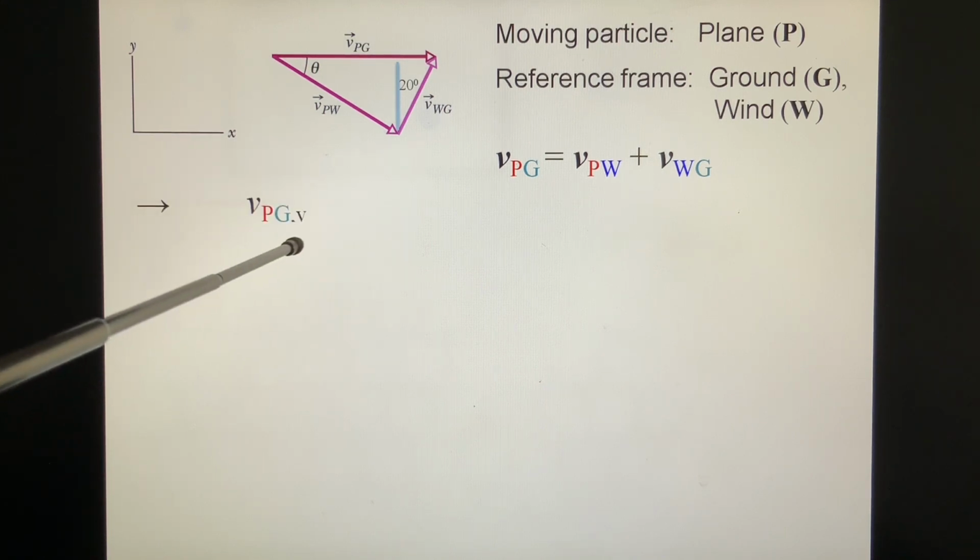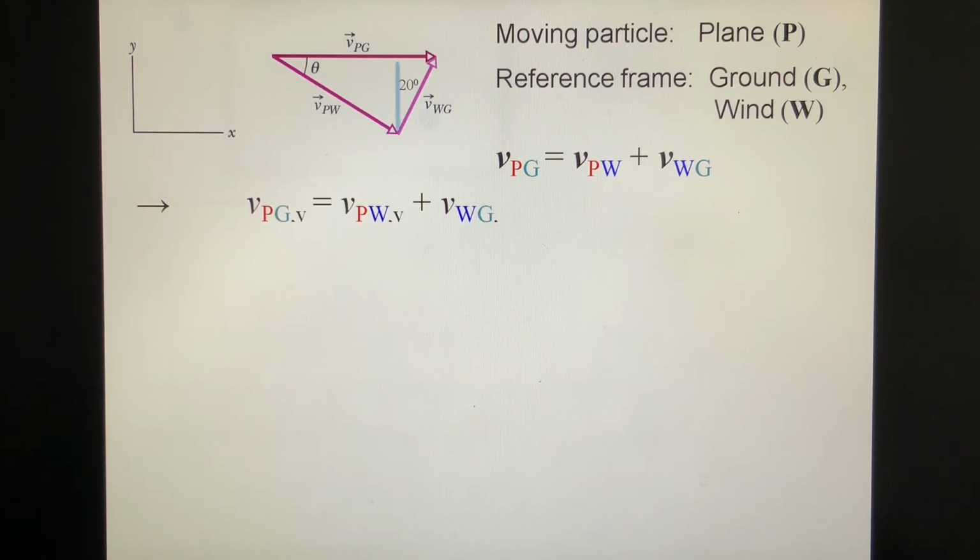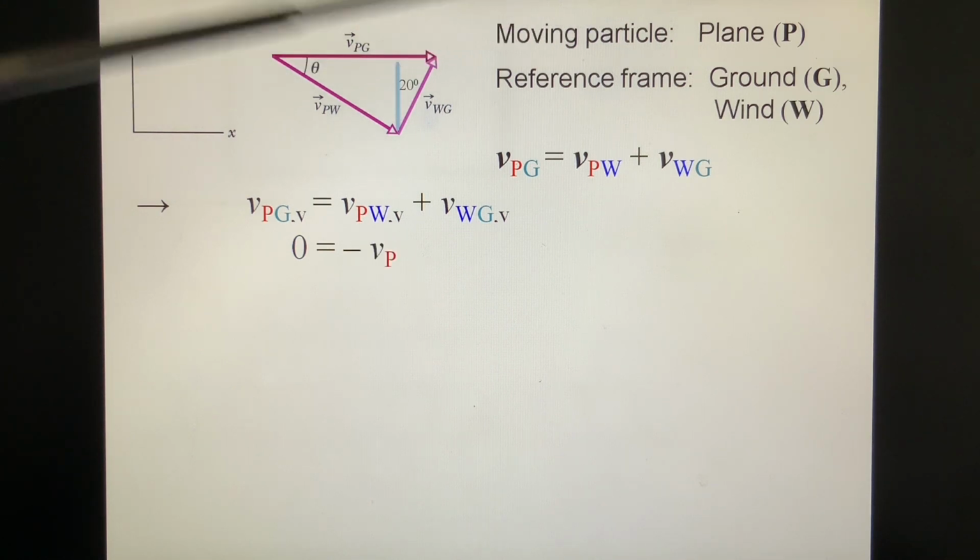First, we look at the y direction. Why the y direction? Because the plane's motion is along x, so this is 0. The velocity of the plane relative to the ground along the y direction is 0, because it goes this direction.